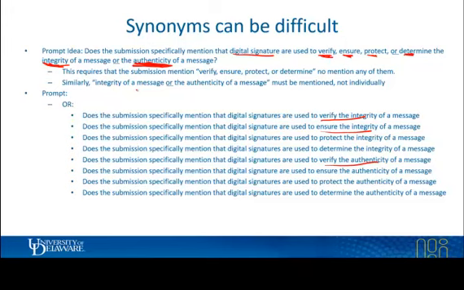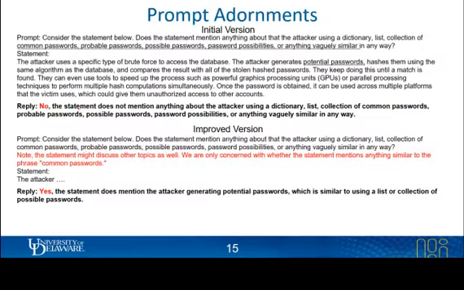So the LLM would never be able to figure out these sorts of things, that in this context authenticity is a synonym for integrity. In other contexts, it's not. And it also depends on this being cybersecurity. So we program into the rubric exactly what we mean, very precisely. Any one of these is sufficient, and then we add on other things.